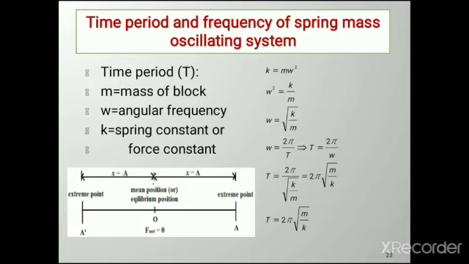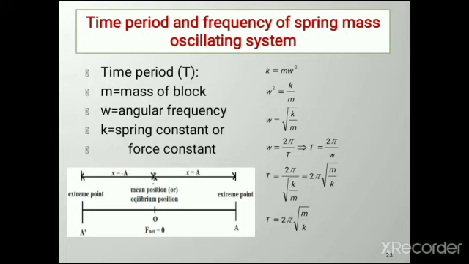Let us study time period and frequency of a spring mass oscillating system in detail. We know that time taken to complete one oscillation or a vibration is called as period. For a spring mass, if m is the mass of a block, omega is the angular frequency and k is a spring constant or a force constant, then we know that k is equal to m omega square.